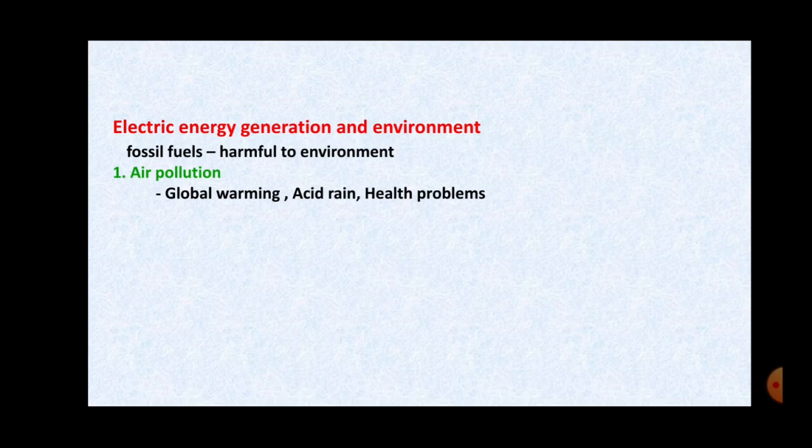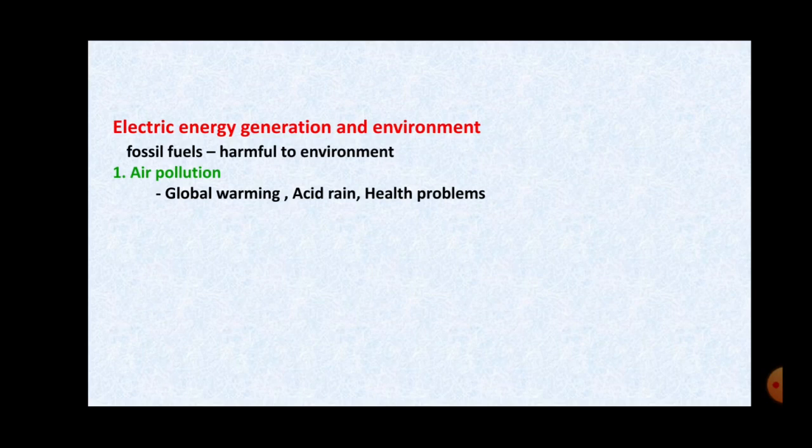Then the soot particles or the carbon particles which are produced due to incomplete combustion of fossil fuels close the stomata of the plants, and thus they have an adverse effect not only on the environment but also on the plants. So all these lead to the air pollution, and especially in human beings and animals it leads to respiratory problems, because we breathe in air, it goes into the lungs.